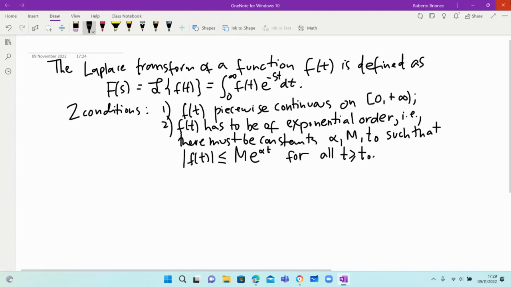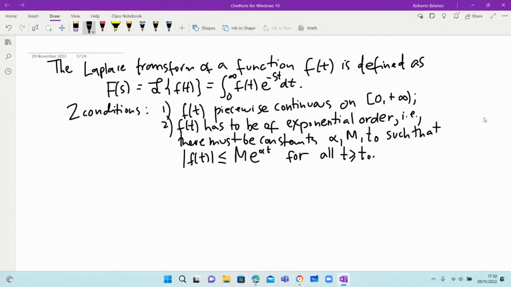So these are the two ingredients that a function has to satisfy so that the Laplace transform of the function will actually be defined.